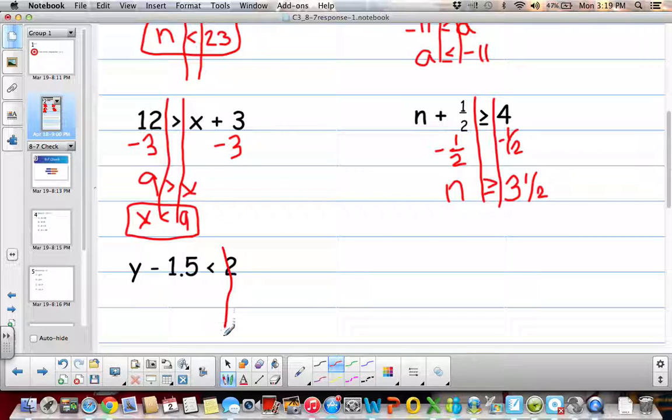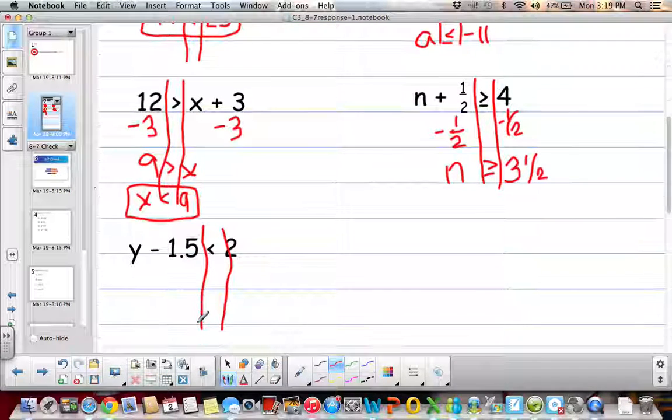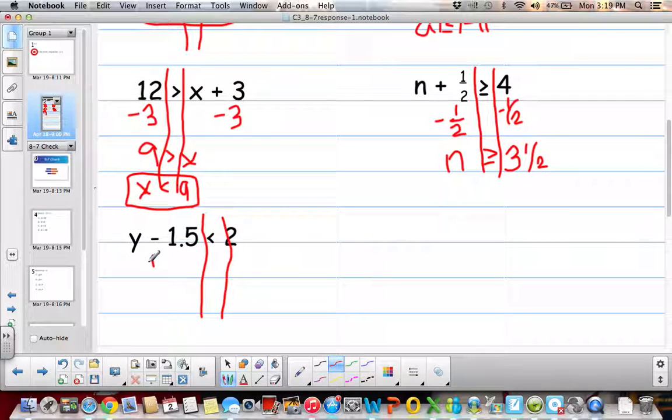And then, we have y minus 1.5. So we're going to add 1.5 to both sides. So we have y is less than 3.5.